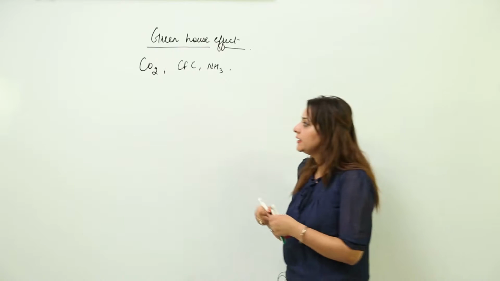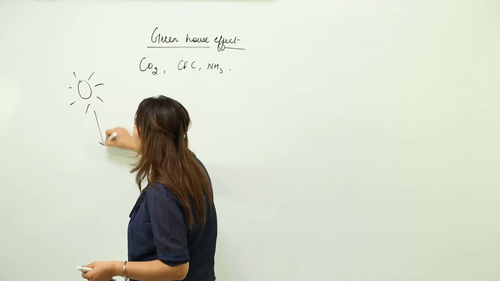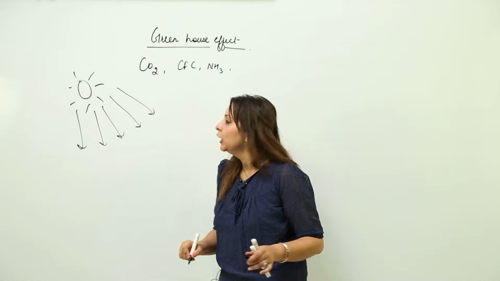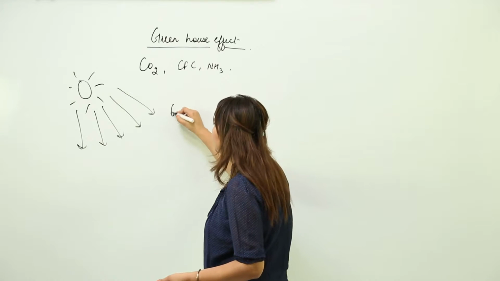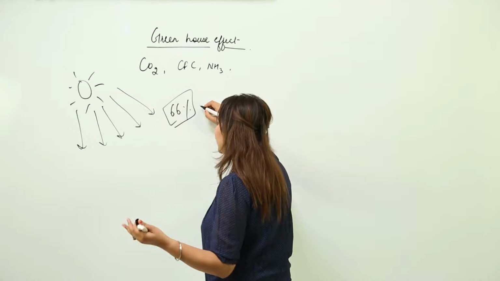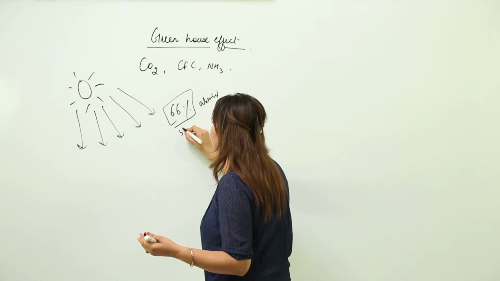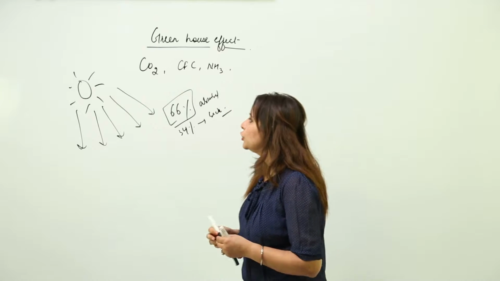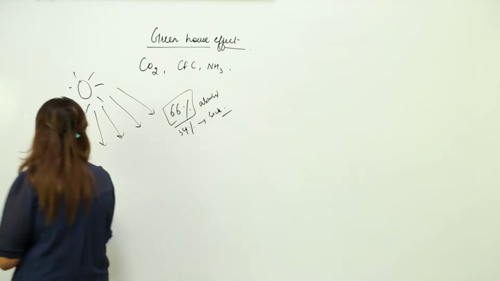We know that the sun is sending radiations on the earth's surface. Out of the whole radiation, if you talk about 100% radiation, 66% is absorbed and 34% is radiated back. The radiations which come from the sun consist of three kinds of waves.